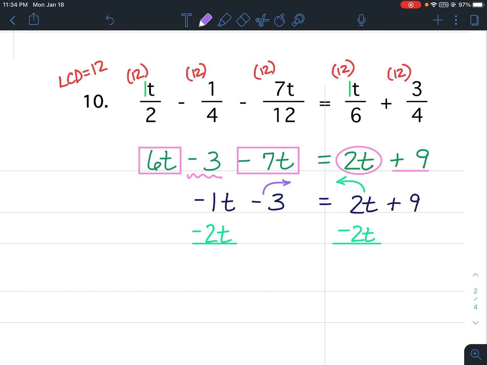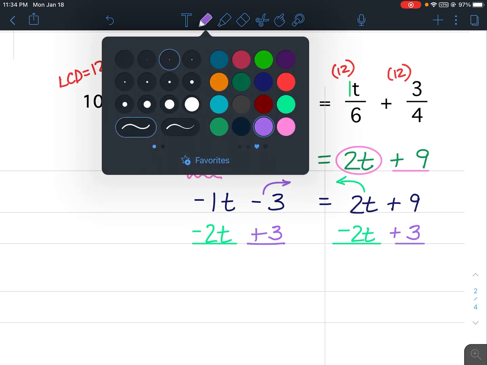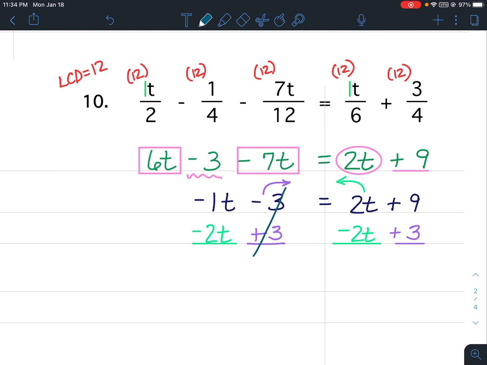Since it is a negative, I'll make it positive 3. They would cancel, that cancels. So negative 1 minus 2 would give me negative 3t. And 9 plus 3 is 12.